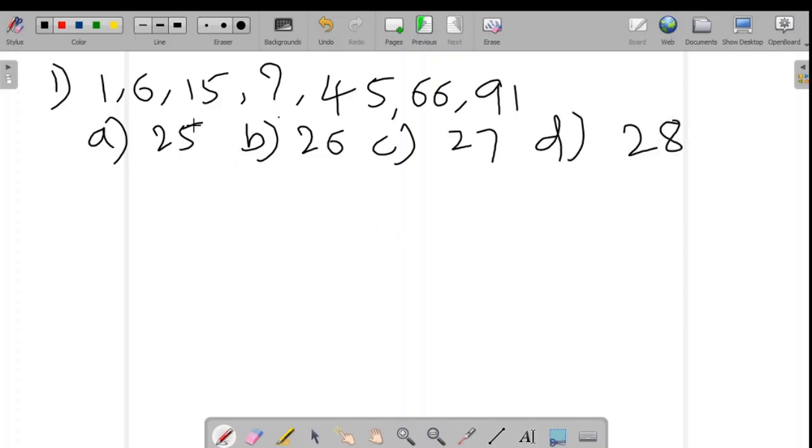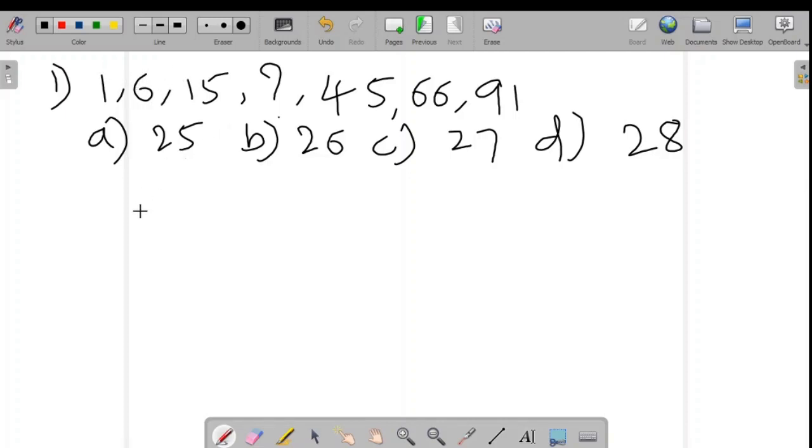Let us try to analyze this series. In number series, first we have to observe the given series for the differences. If the difference between the consecutive numbers is very small, then we have to subtract each number from the adjacent number and see the difference.